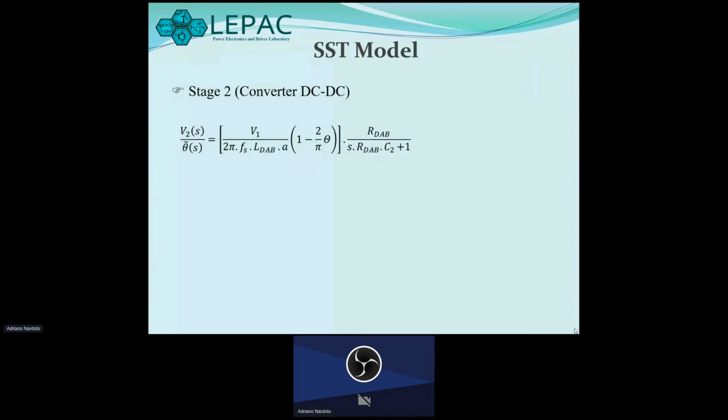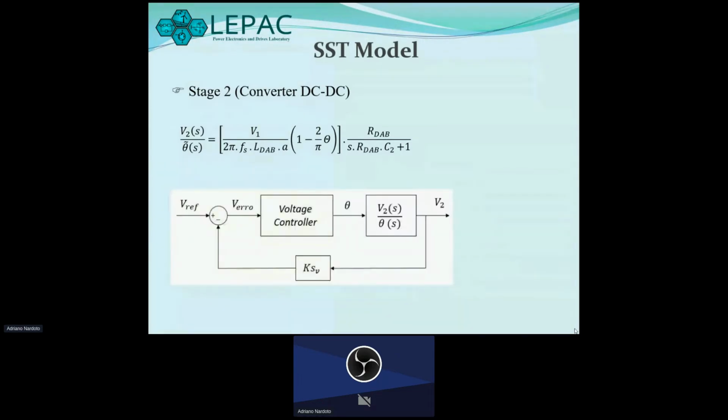As for the voltage, it respects the dynamics of charge of the capacitor at the output of the DAB converter. This is a DAB control loop. The system control employs a PI.